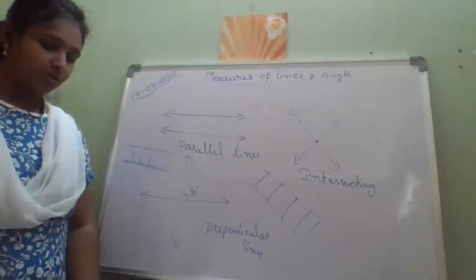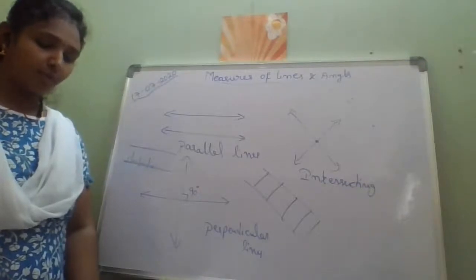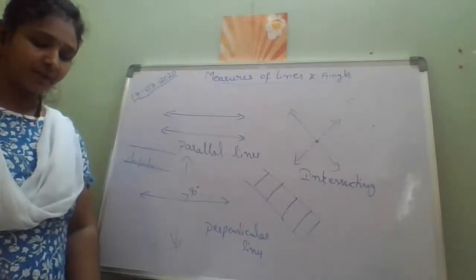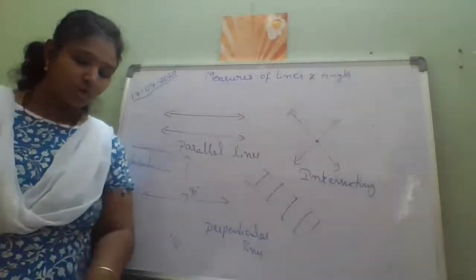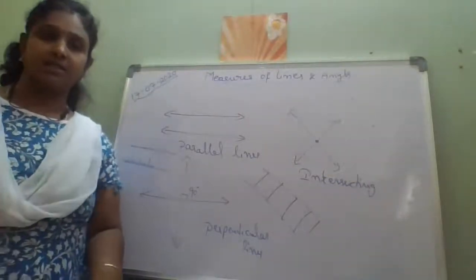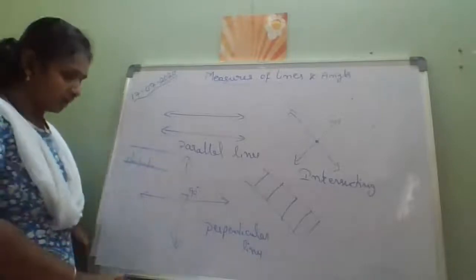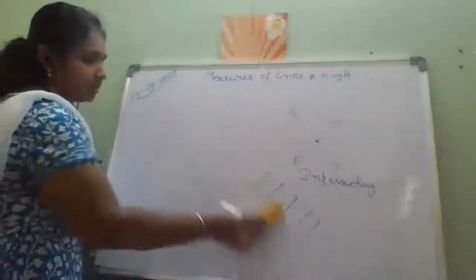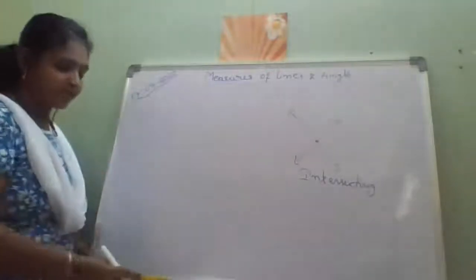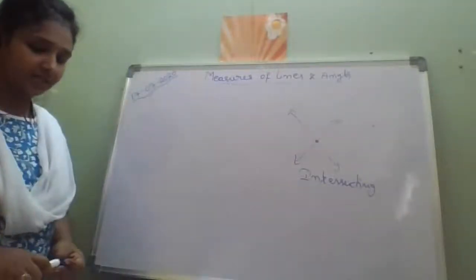Okay. So which of the following are models of parallel lines, perpendicular lines, and which are neither of them? The vertical window bars. Tell me, vertical window bars are parallel lines or perpendicular lines?